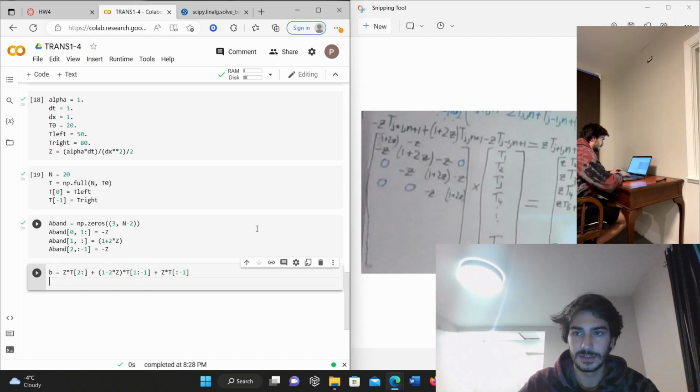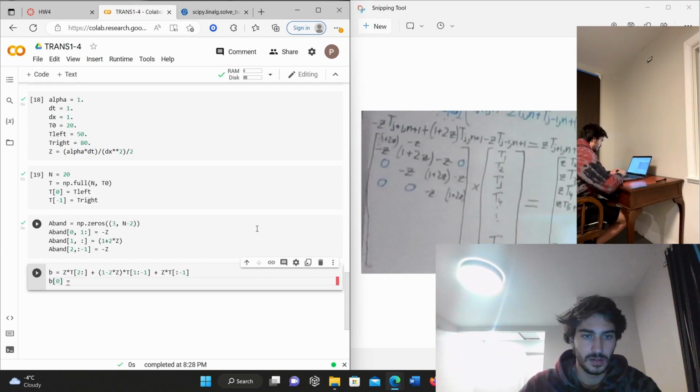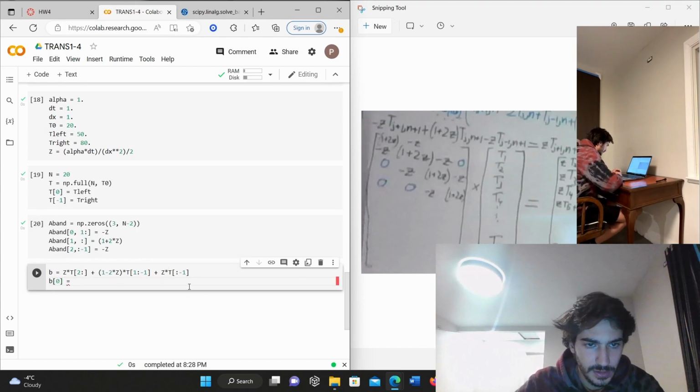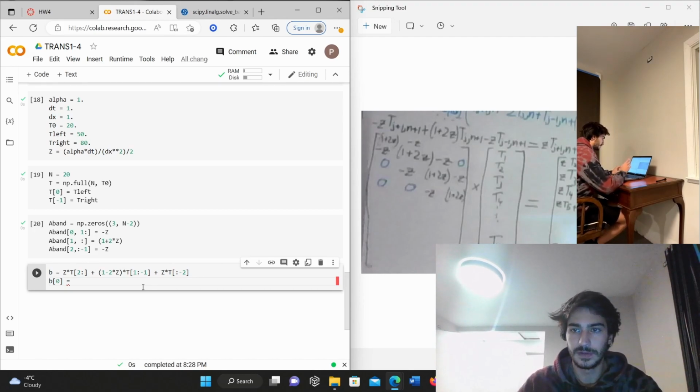So how that looks, b 0, and actually I think this should be -2 as we're skipping over the last two, not only the last one. We're going to simply multiply z times T and add it to it.